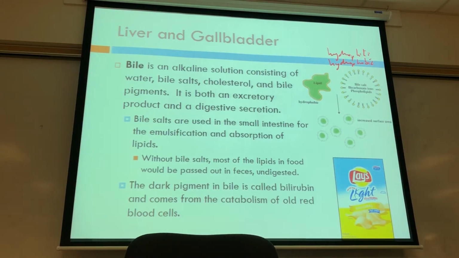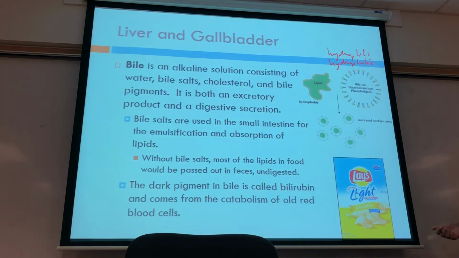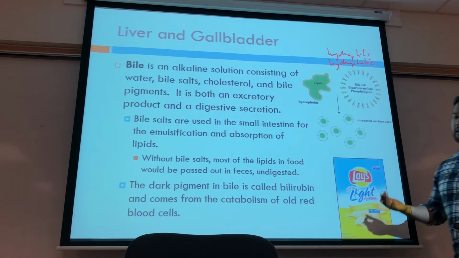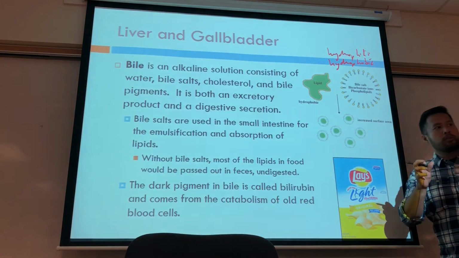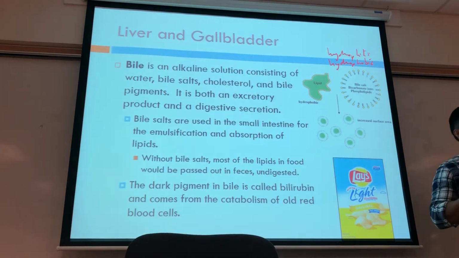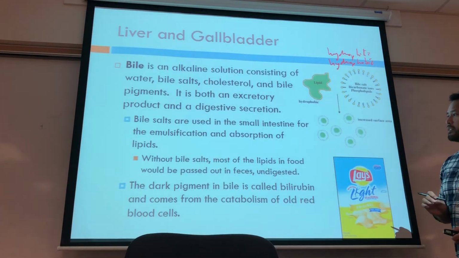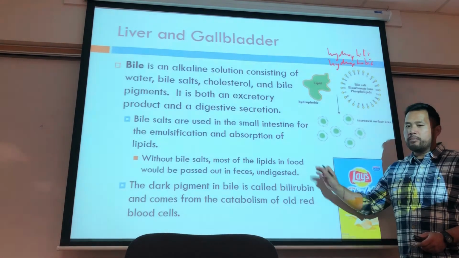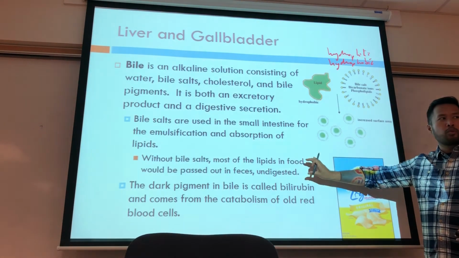Now, without these bile salts, if you have less bile, and why would you have less bile? This would be in the case of anybody that's ever had their gallbladder removed. That is what we'll call later a cholecystectomy, the removal of the gallbladder, which is supposed to concentrate bile. And I'll talk about that concentration of bile in just a bit. In those cases where people have had a gallbladder surgically removed, they have less ability to absorb fats.